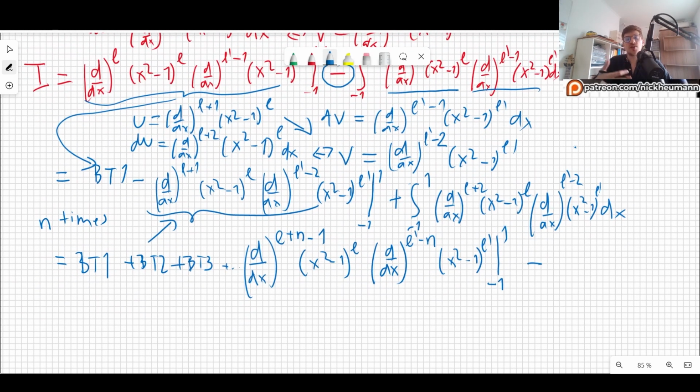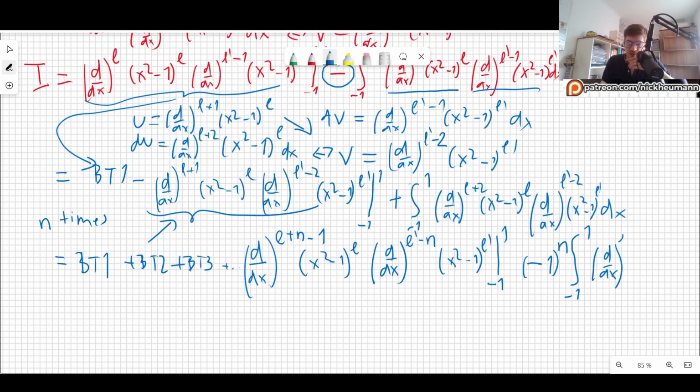And next time we're going to get minus again, because each time you do integration by parts, you get minus the integral. So we have minus 1 to the n, right? The first time it was minus 1 to the 1, so minus, the second one minus 1 squared, so plus, and so on. Then we have the integral from minus 1 to 1. And each time we have done this integration by parts, we have increased the amount of derivatives by 1.